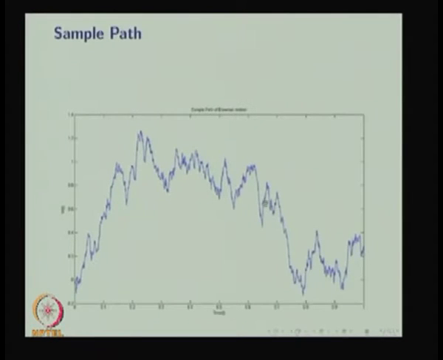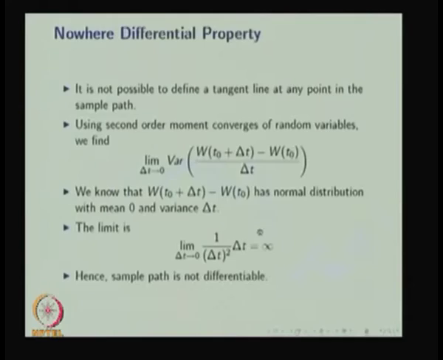So this is one sample path. The first property says the sample path is not differentiable anywhere, or it is nowhere differentiable. It is not possible to define a tangent line at any point in the sample. You can see it in the sample path figure also.